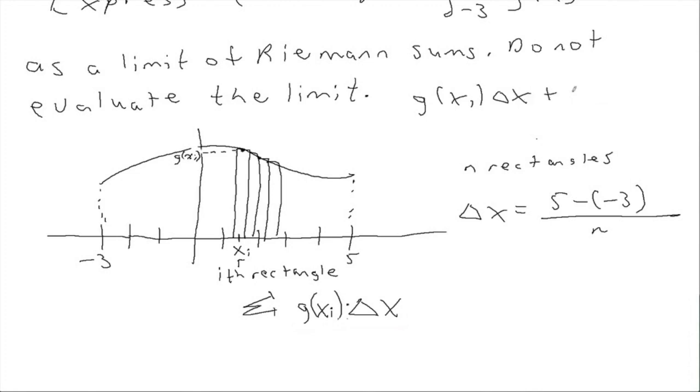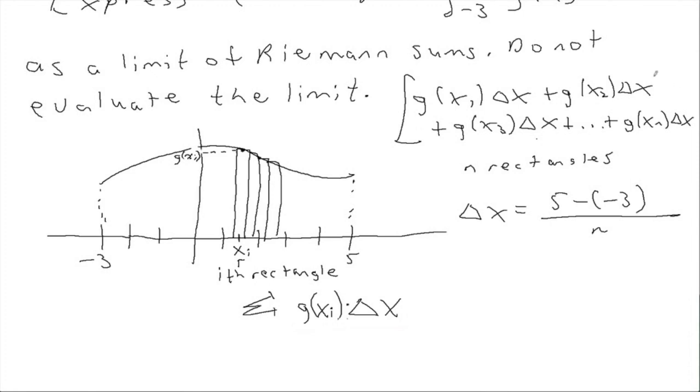And then we want to add this, and then we want to add this. And what's the area of the last rectangle? g of x n times delta x. So this is what we're trying to do. That's what we want the sigma for.